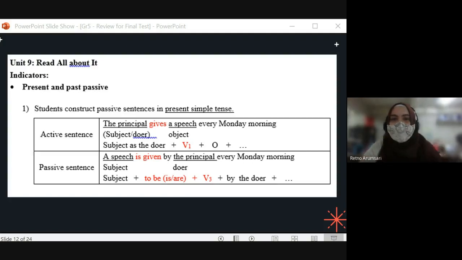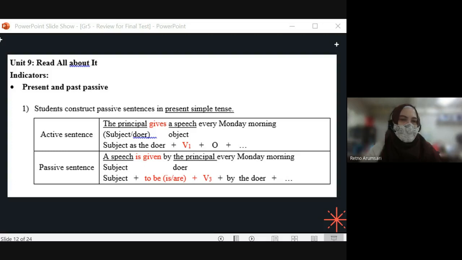Give here is a verb 1. So whenever you see a verb 1, it means that the sentence is in present simple tense. Now, the first thing that you need to do to change an active sentence into a passive sentence is to find the object of the sentence in the active sentence. What is the object of the sentence?